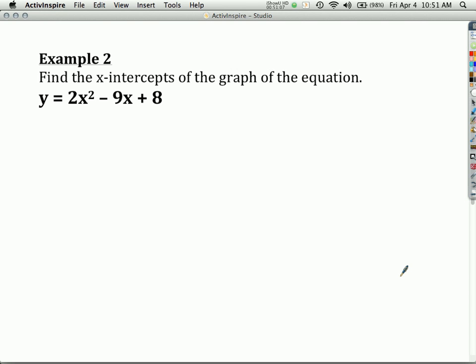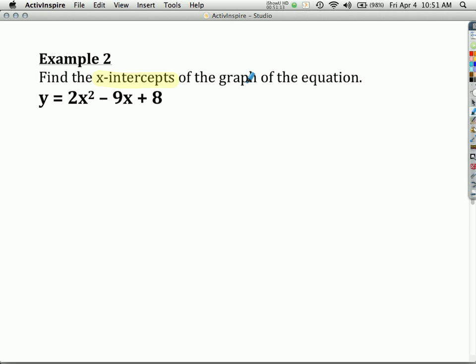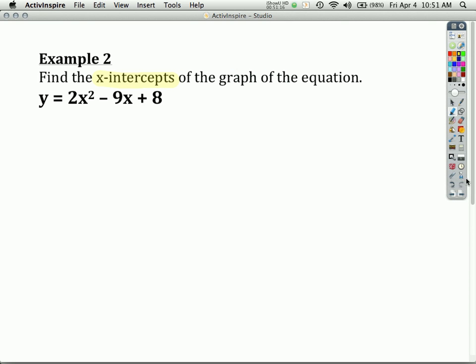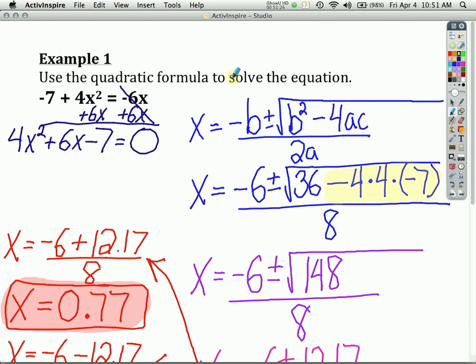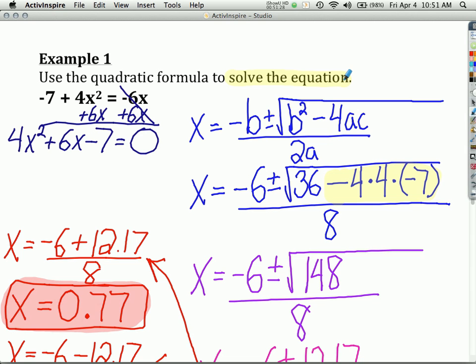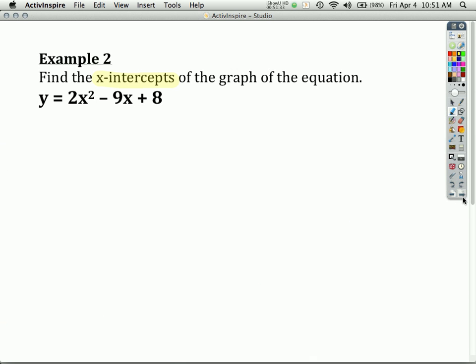X-intercepts are the same thing as solutions. Find the x-intercepts of the graph of the equation. Here are the instructions from before. Solve the equation. Solve the equation. That is the same thing as finding the x-intercepts.